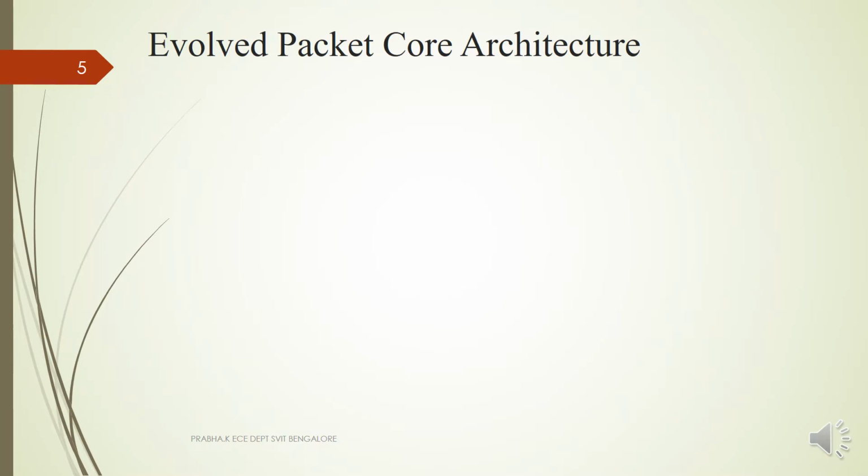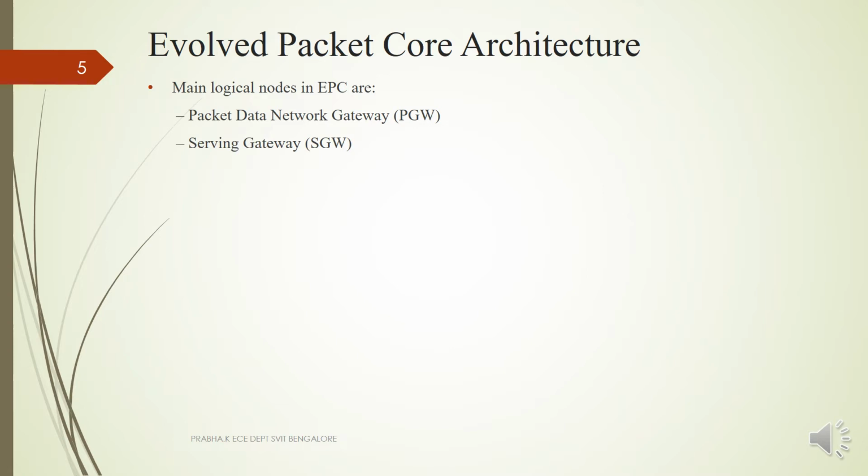Evolved Packet Core architecture. The main logical nodes present in Evolved Packet Core are Packet Data Network Gateway, Serving Gateway, and Mobility Management Entity.